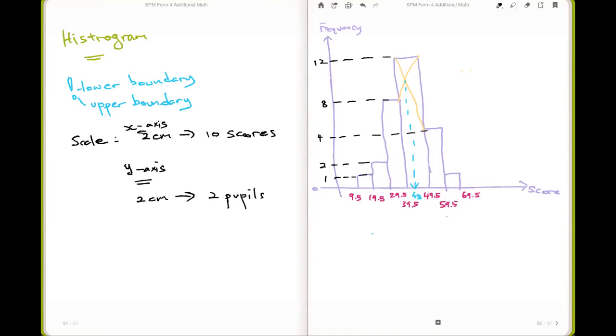This 1 corresponds to here, to 1. Okay, so your mode score would therefore be equal to 43. Answer the question. Get some marks here.